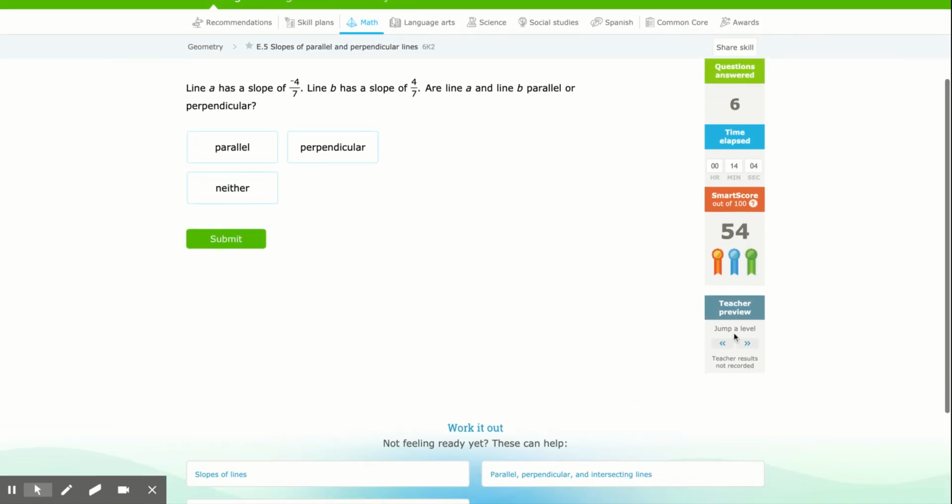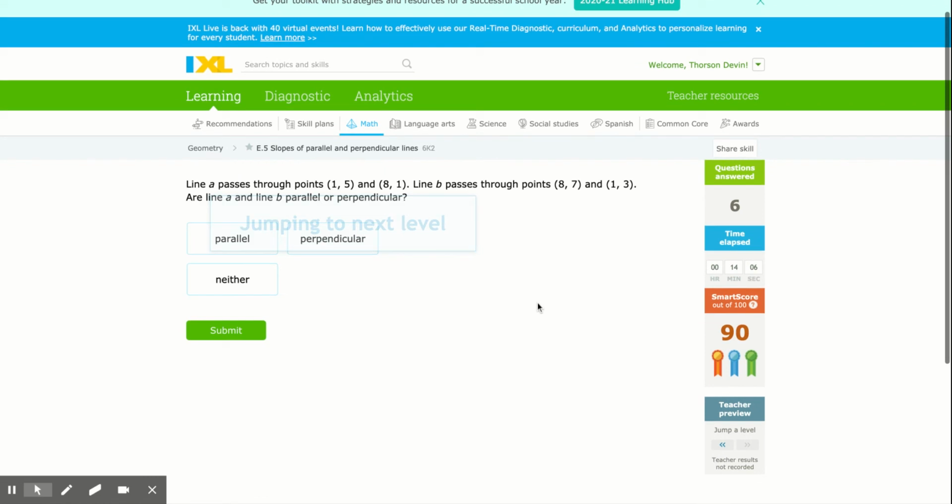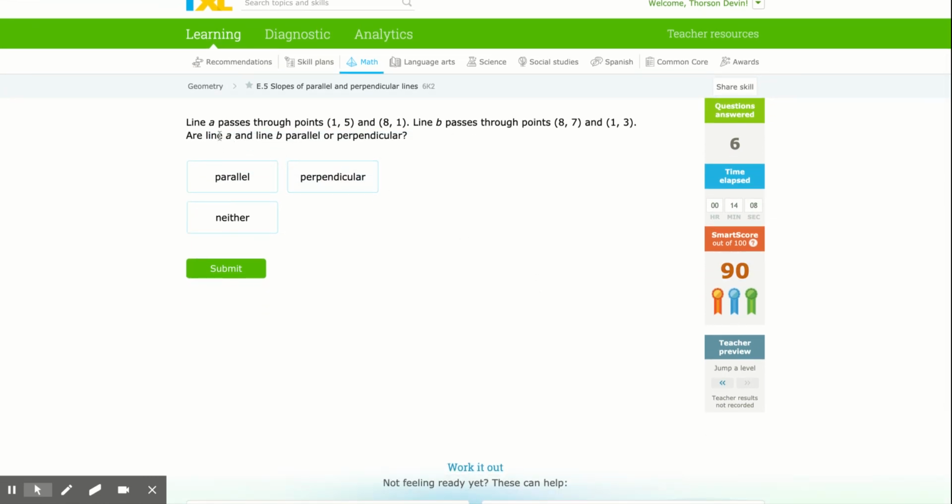Now I'm going to jump up here to some higher ones because I want to make sure you realize that they're also going to give you a line passing through 2 points and another line passing through 2 points and ask you if it's parallel, perpendicular, or neither. Well, remember, how do we find slope? How much does this point go from here to here? Does it go up or down?